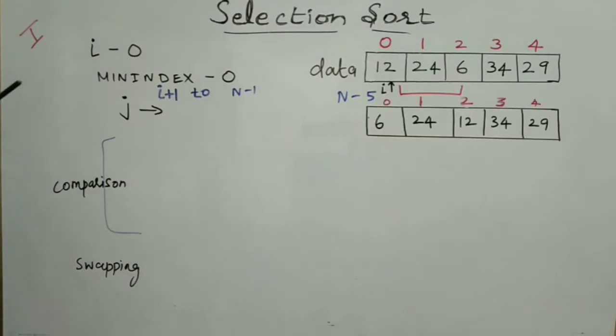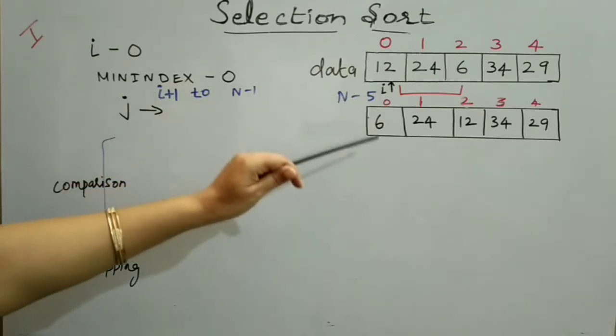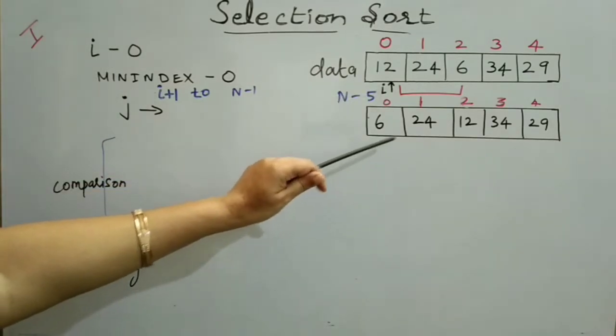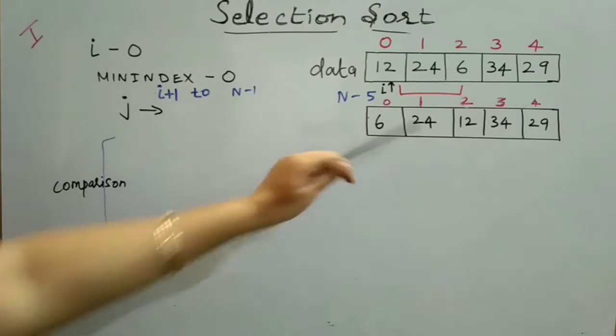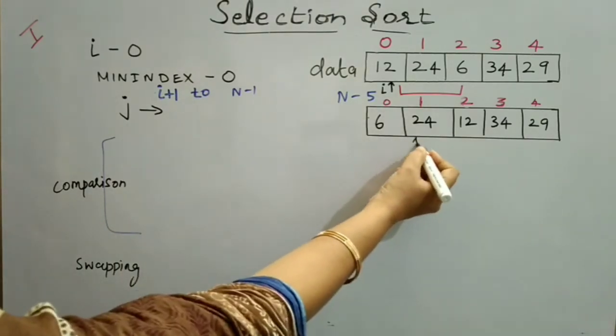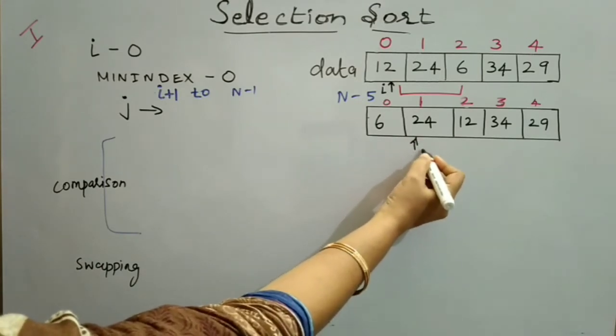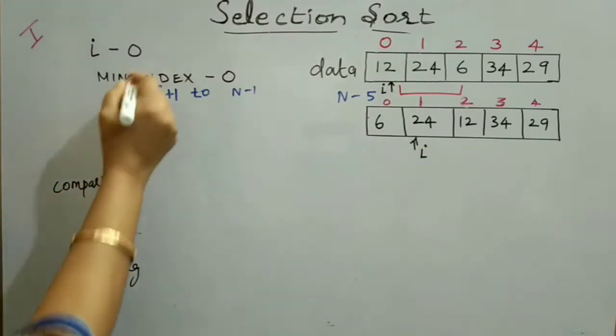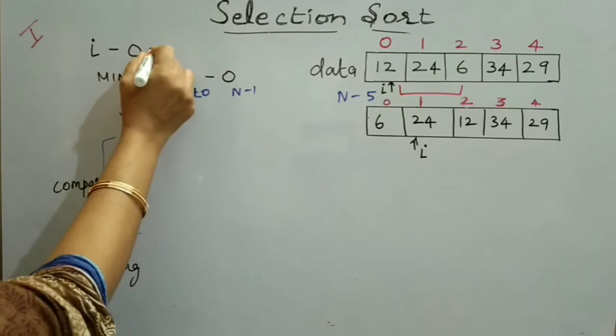During the first iteration, i points to the position of the first element in the array, so i is 0. In the next iteration, i is advanced to point to the index position of the next element in the array. Now I will be pointing to this one. So now i takes the index position 1.